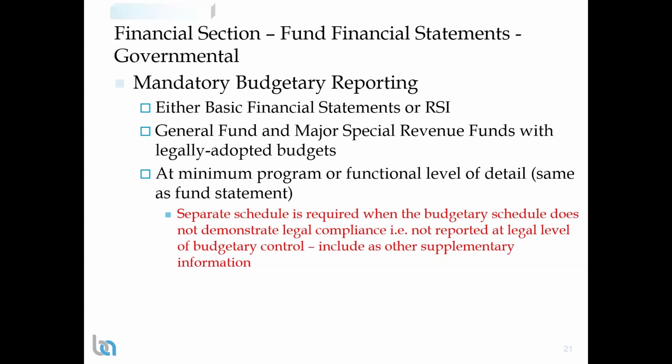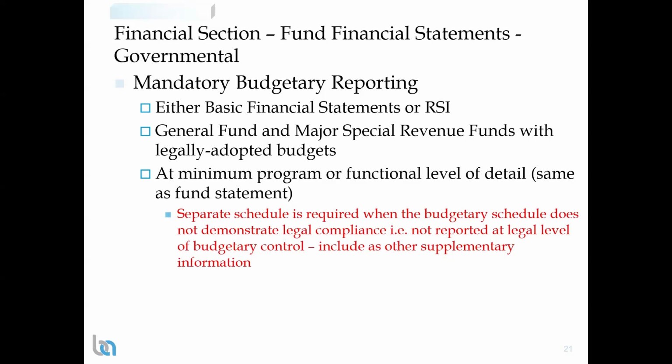So the police department has its own budget, and if they would be in compliance with their budget, you shouldn't be netting the fire department with the police department. Then you would need a supplementary schedule that breaks down those different functions into each department and shows that level of detail to demonstrate compliance. You don't need to do it in the RSI.